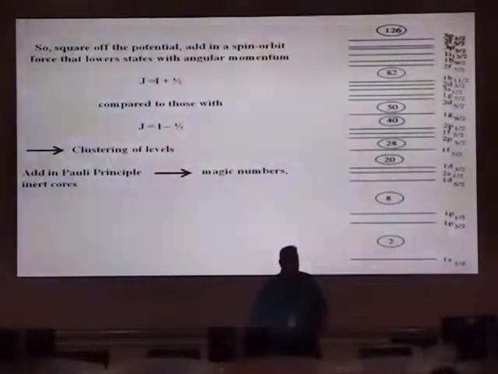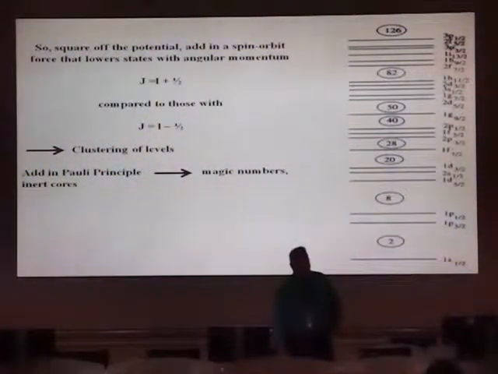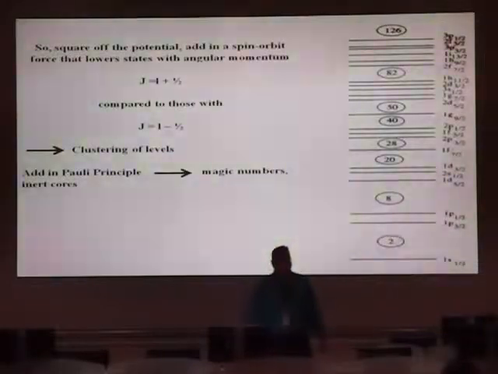No, maybe my question is, let's take the Woods-Saxon potential which reproduces the magic numbers. Let's say the simplest case, we have a closed shell of neutrons and protons, and we have one neutron.